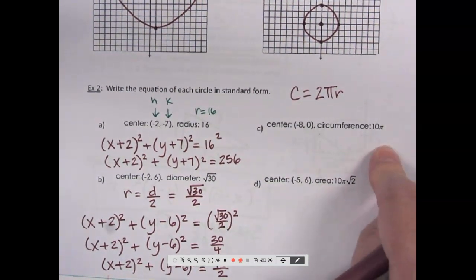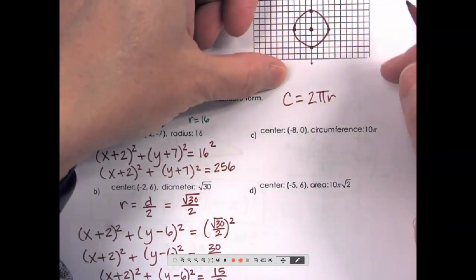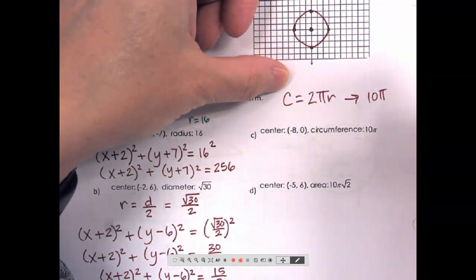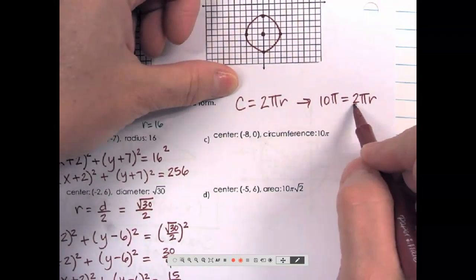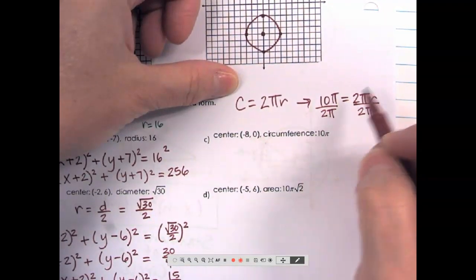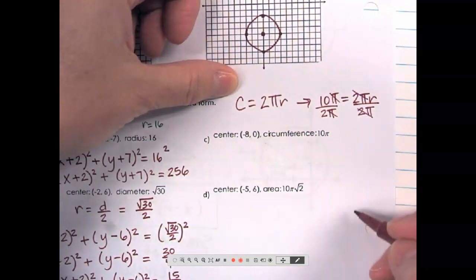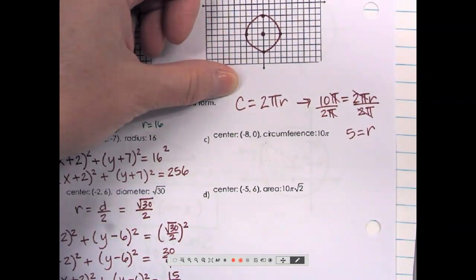Okay, so I'm giving you the circumference so that you can find the radius. Okay, so circumference is 10 pi. So 10 pi, putting that in the place of C, equals 2 pi r. Well, if I want to solve that for r, I'm going to divide both sides by 2 pi. 2 and pi cancel. Pi cancels, and 10 divided by 2 is 5.